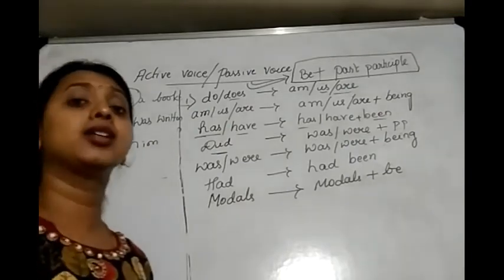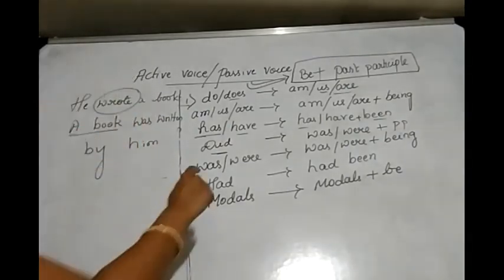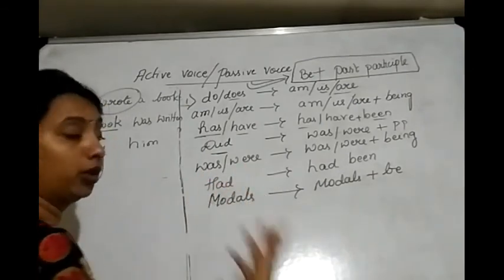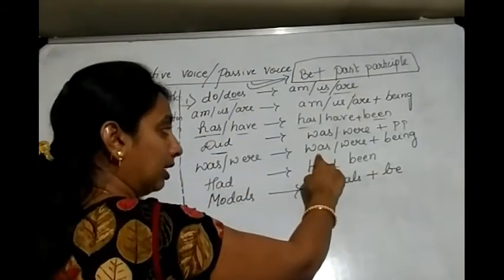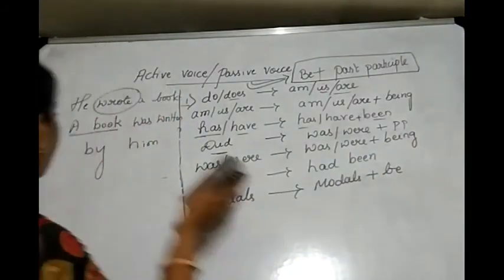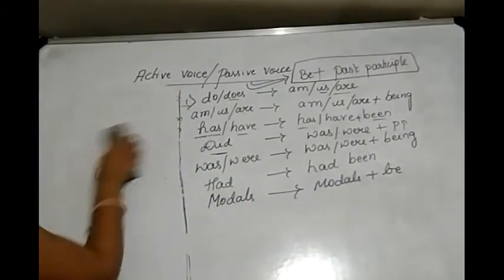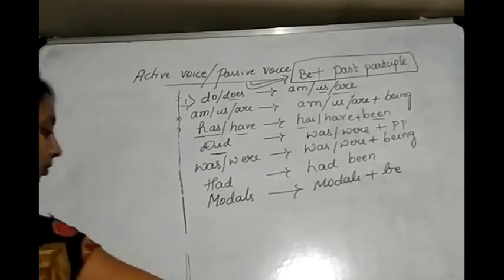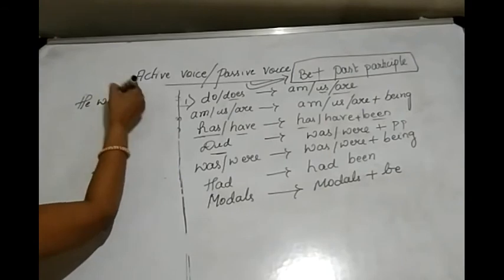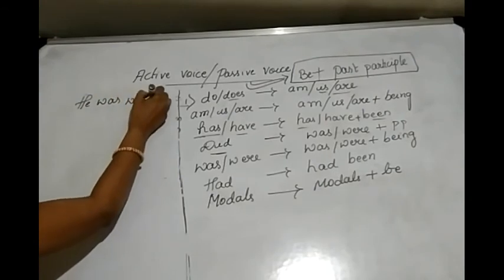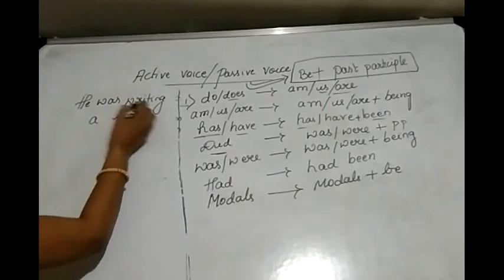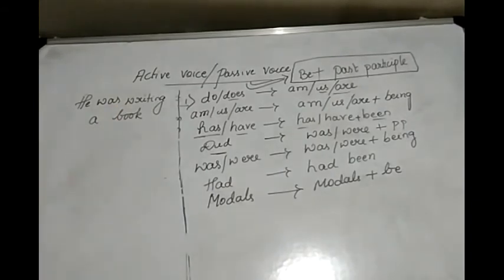Now we'll go for the next example. If you get was or were, then how to convert: was plus being, were plus being. One example we'll take. He was writing a book. So, what did I say?